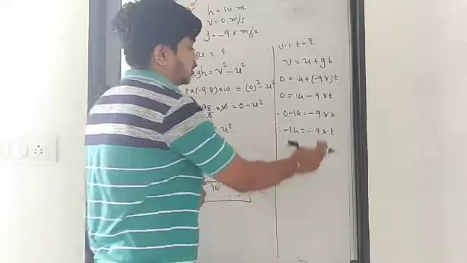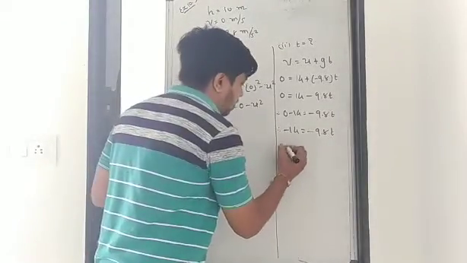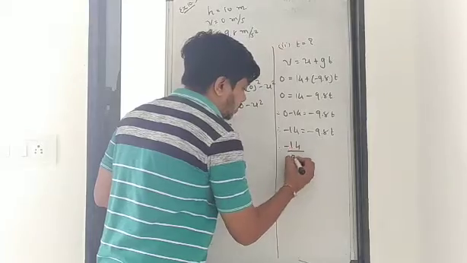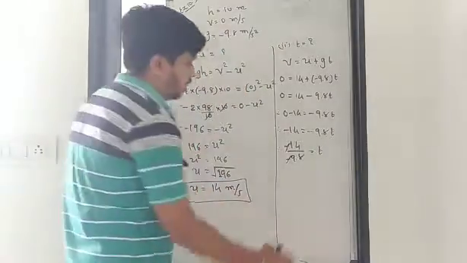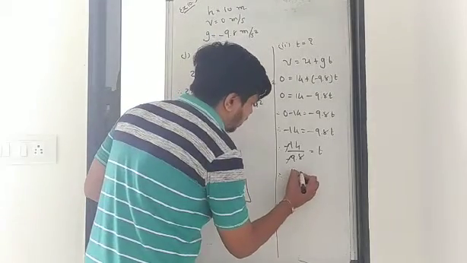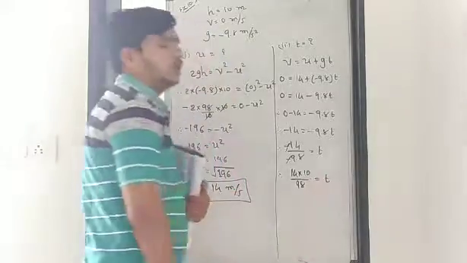Now you have to find out t, so minus 9.8 should be taken to the other side, and it is in multiplication, so it becomes division. So this minus first of all cancels out. Then 14 into 10 divided by 98 is equal to t.